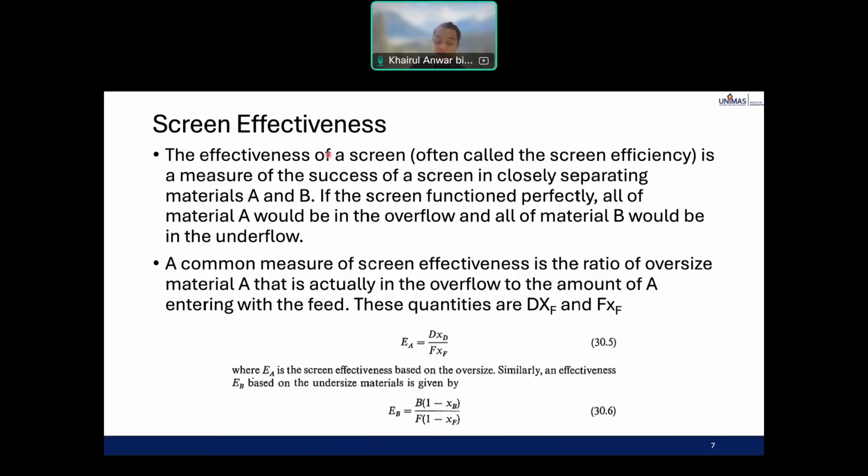So 30.5 is for the overflow, or oversized material. 30.6 is based on the undersized material.